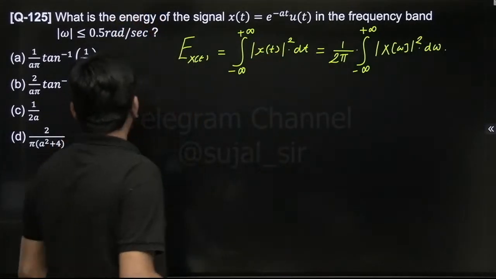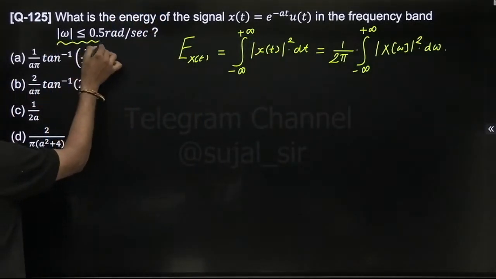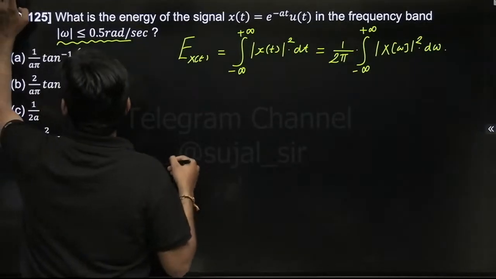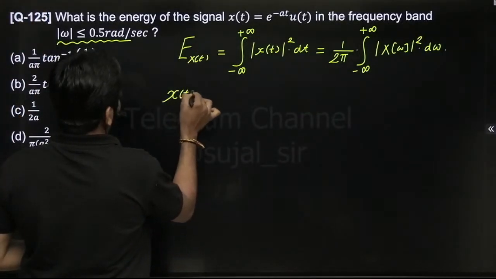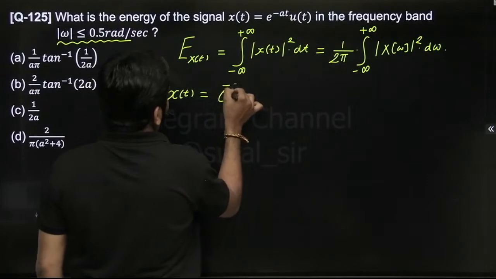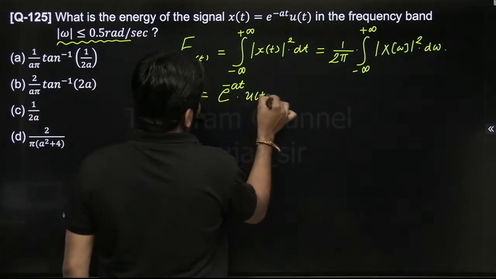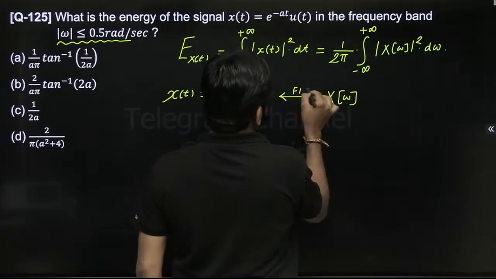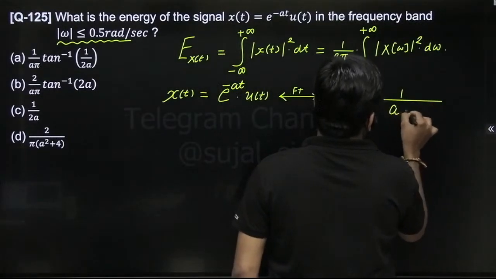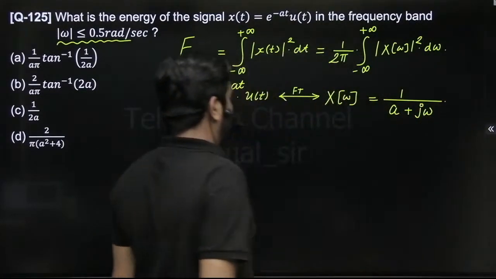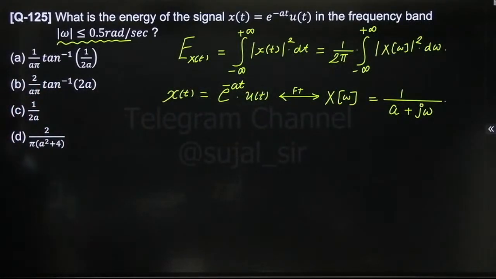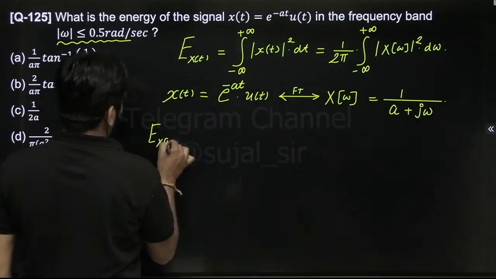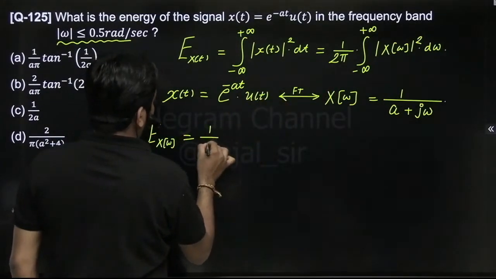Now they are asking in the frequency band mod omega less than or equal to 0.5 radian per second. Here x of t is given as e to the power minus at into u of t, and its Fourier transform is 1 upon a plus j omega. According to the above formula, 1 by 2 pi.